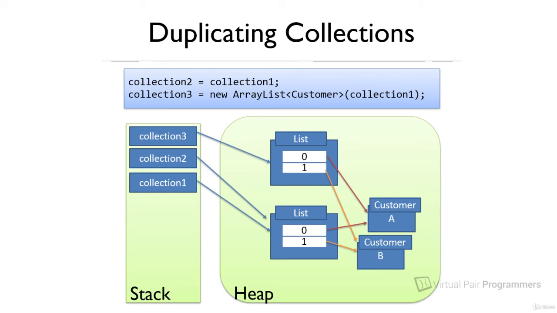Now, when we come on to talk about garbage collection, we'll see that short-lived objects are actually very good in terms of garbage collection performance. So I'll leave that point until we get to the chapters on garbage collection when it will become clear, but I hope you appreciate for now this version, creating a new collection, passing an existing collection into the new collection's constructor, will have a small performance impact, but it shouldn't be too great.